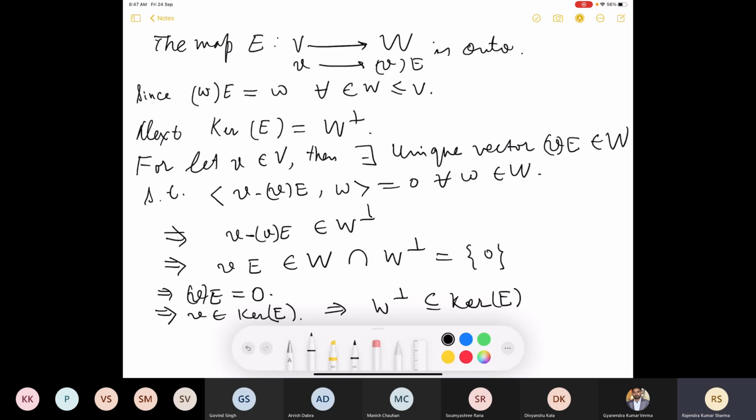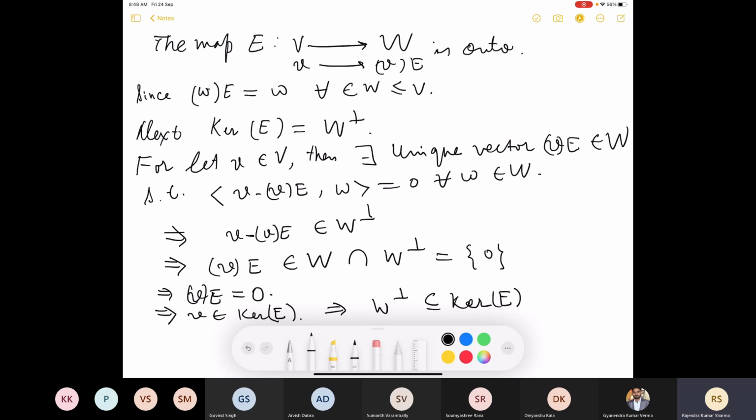So if you start with V lying in the orthogonal complement, then VE also lies in the orthogonal complement. So if VE lies in the orthogonal complement, V minus VE is always in the orthogonal complement. So that makes that this VE is in the intersection.